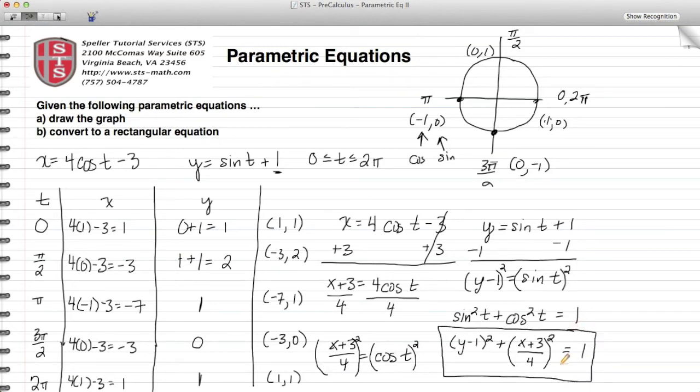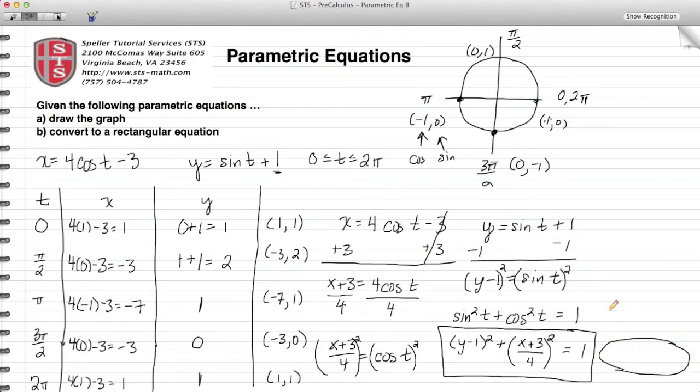Here we see, again, leaning on previous knowledge from conics and knowing how to graph those, this is a graph of an ellipse. In this ellipse, we see that the major axis is the x-axis. So that means this ellipse is going to be stretched along the x-axis as such.